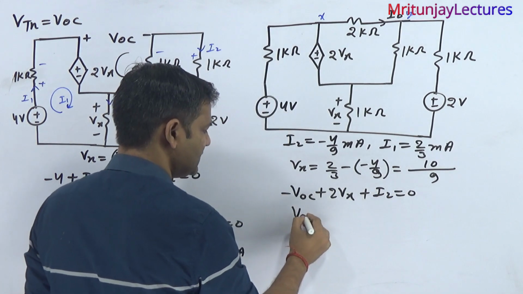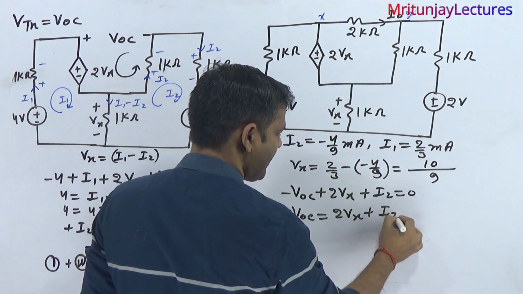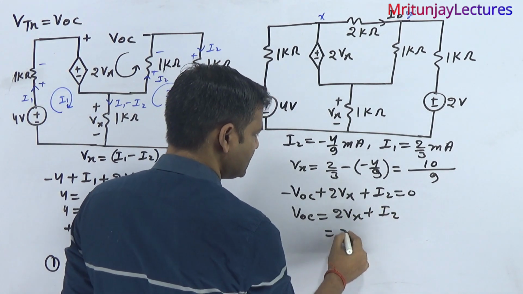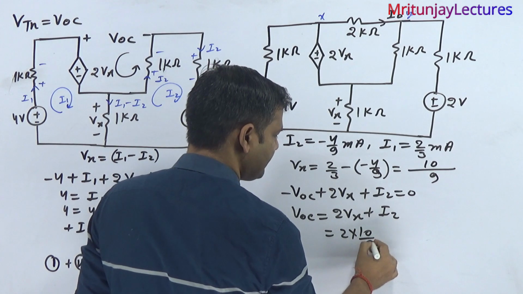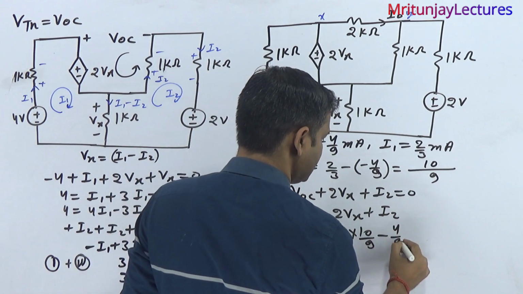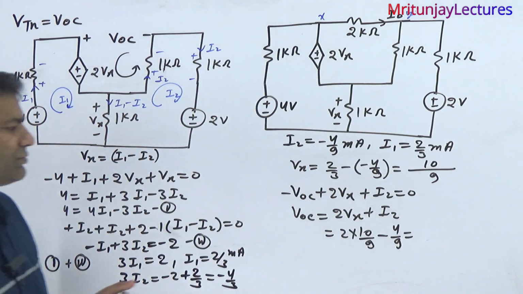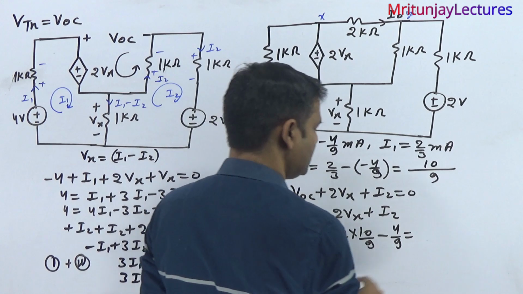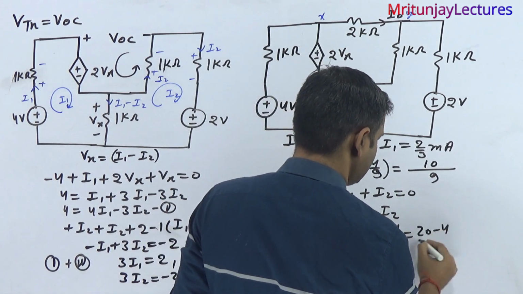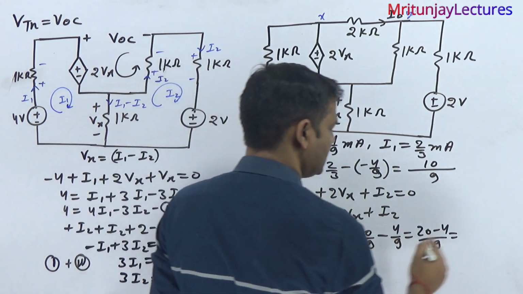So V of OC is written as 2Vx plus I2, which is 2 into Vx, where Vx is 10 by 9 and I2 is minus 4 by 9. Clear? So that is 20 minus 4 divided by 9, that is 16 by 9.